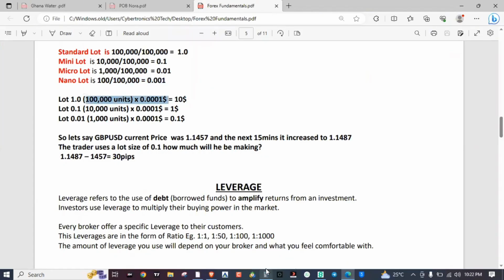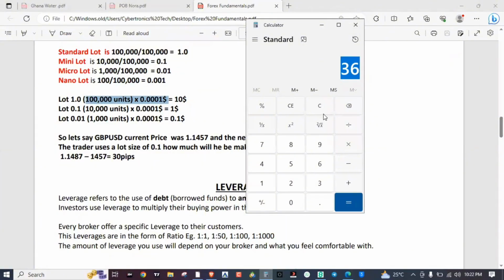The technical way is going to be like this: 0.0036, because this is 36 pips, times York's one lot that he bought, which is 100,000 units. So that's 360. York is making $360.